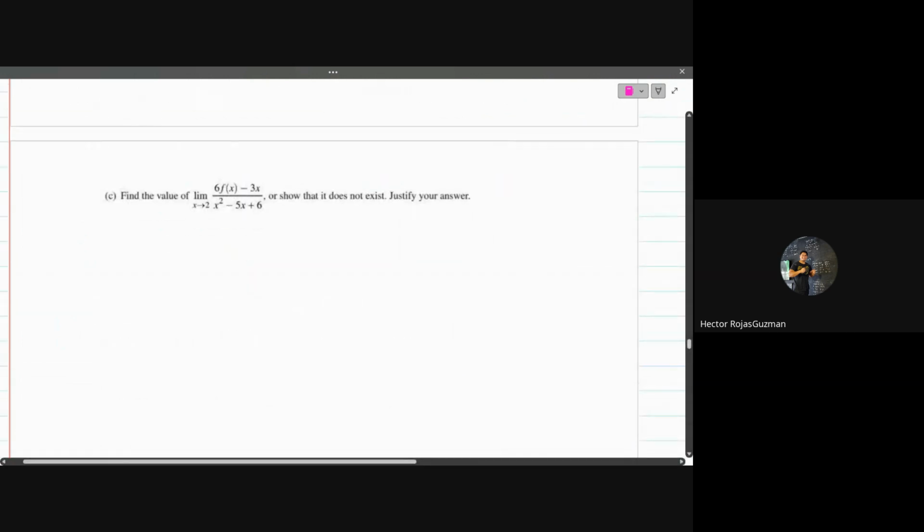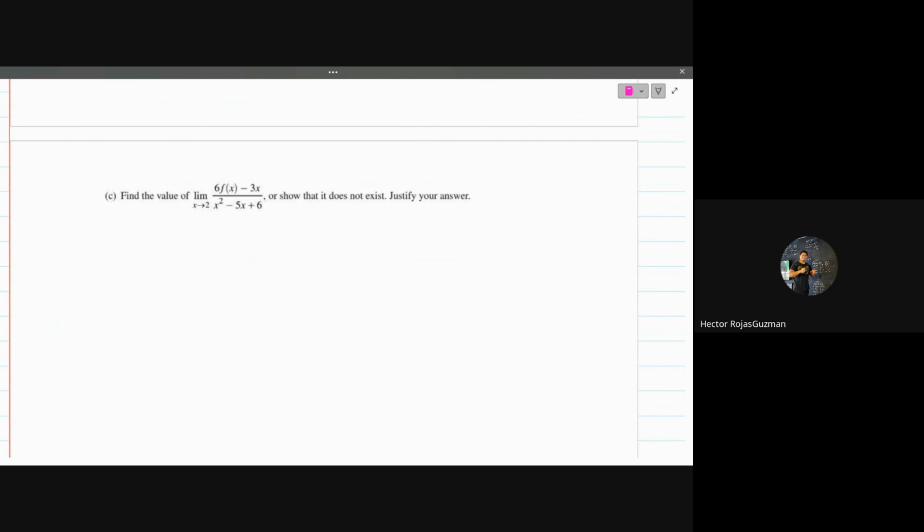Find the value of the limit as x approaches 2 or show that it does not exist. Okay, so whenever you start limits, the first thing you want to do is just plug in the limit. The limit as x approaches 2 of 6 f of 2 minus 6 divided by 4 minus 10 plus 6.